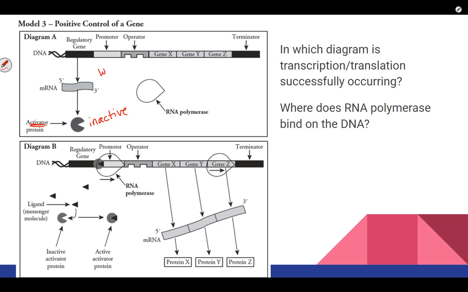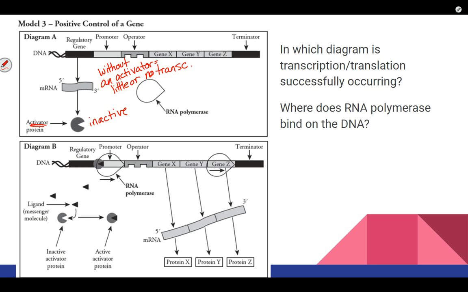So without an activator, there will be little or no transcription. Basically, RNA polymerase just doesn't really know where to go, and it can't grab on really well without the help of this activator, for some operons that have this element of positive control as part of their regulation.